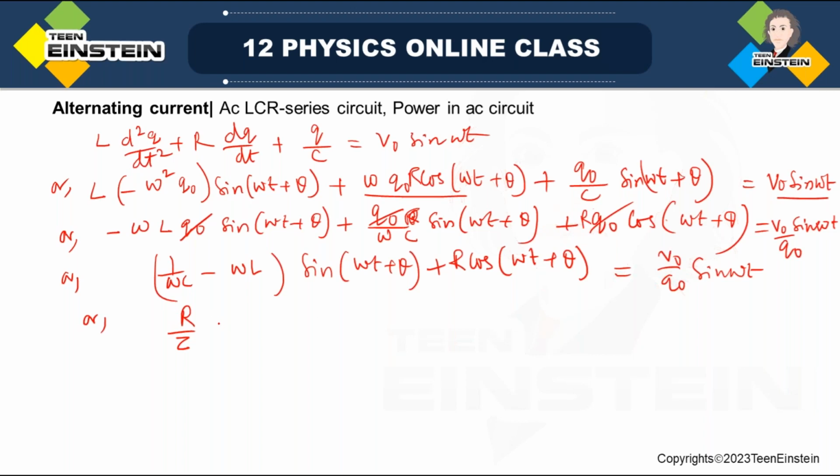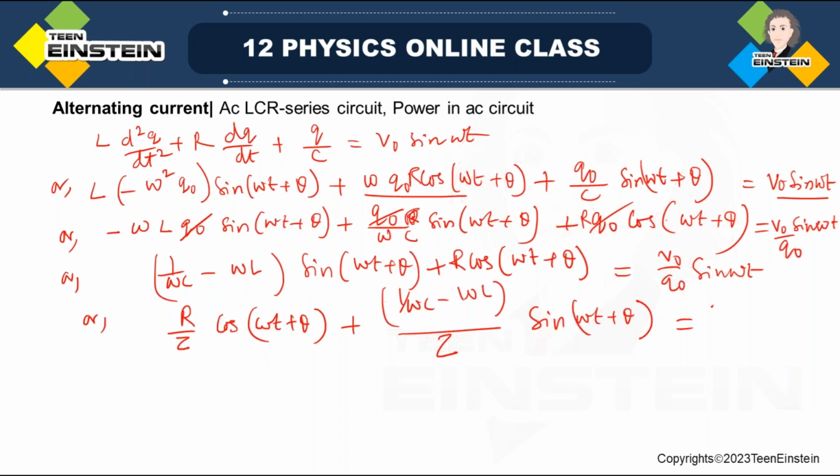So R by Z cos of omega t plus theta, plus (1 over omega C minus omega L) by Z, sine of omega t plus theta, and this side it is V0 by Q0 Z. I'm just dividing both sides.